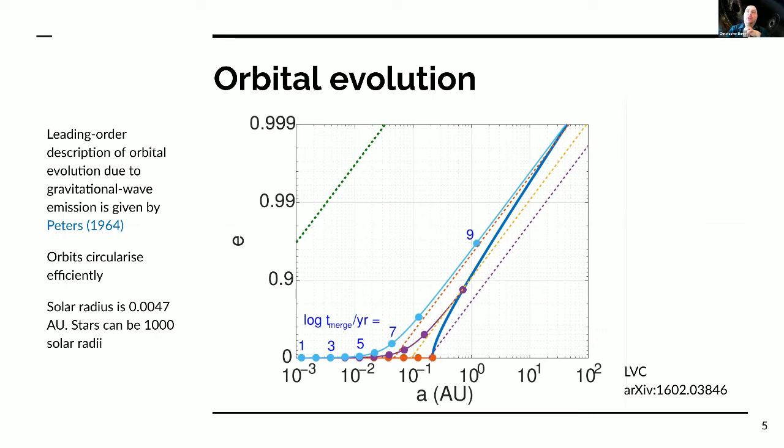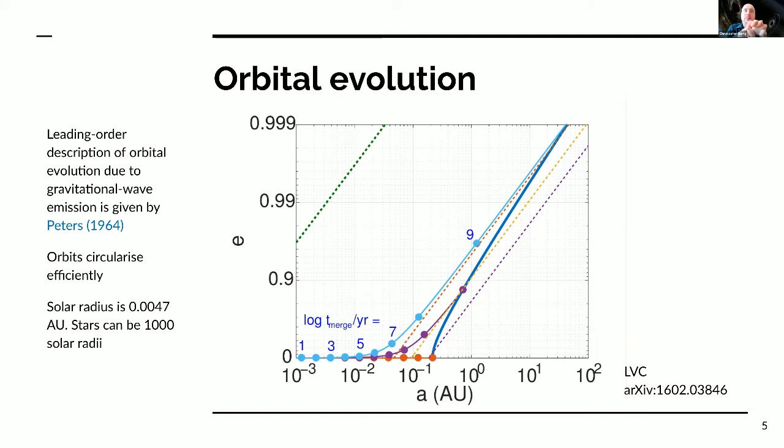But the orbit should decay in a deterministic way. So you should be able to map back: given the conditions now, if it was only evolving due to gravitational wave emission, this is what it should have looked like earlier. If we could perfectly measure the eccentricity and orbital separation, we should be able to map backwards to get these.